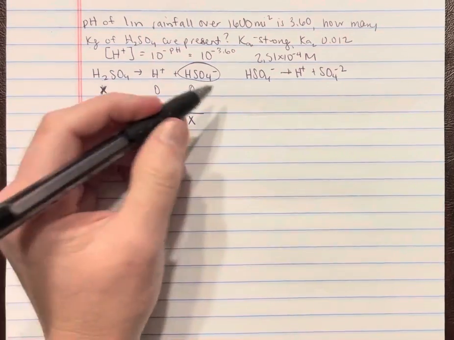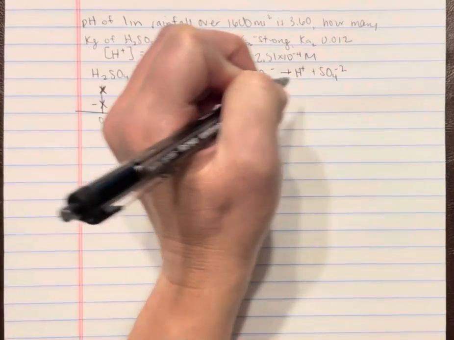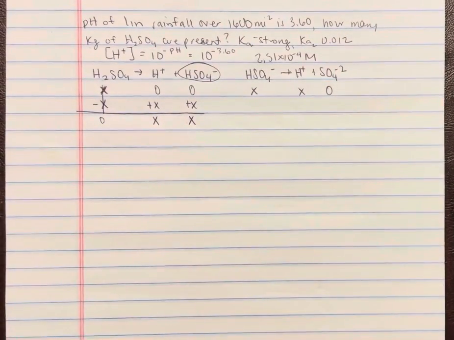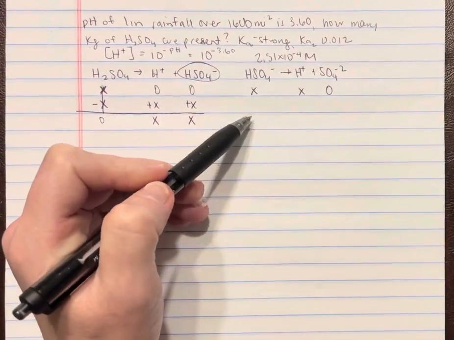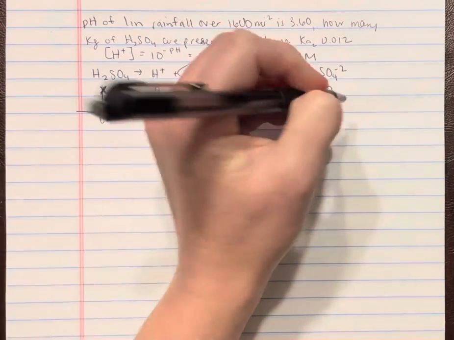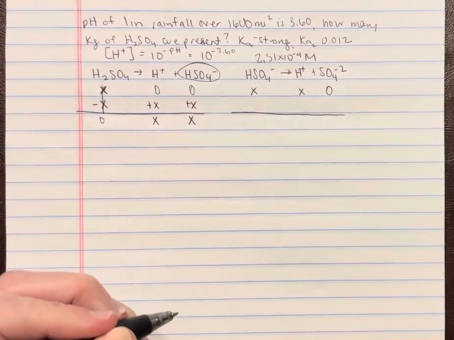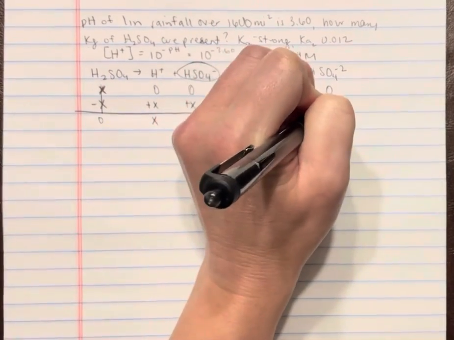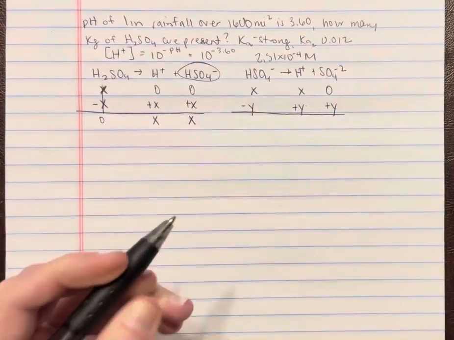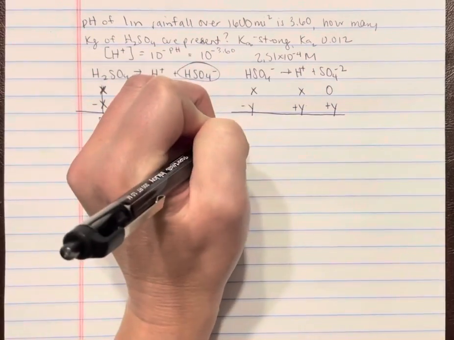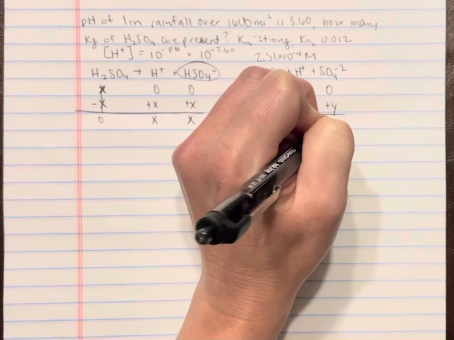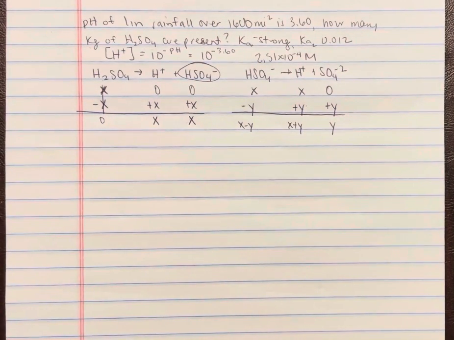Here we have X, and we have 0. Normally we would have X, but we're going to lose another amount here, lose and gain. So let's just call it Y, plus Y, plus Y. So at the end, we have X minus Y, X plus Y, and Y.